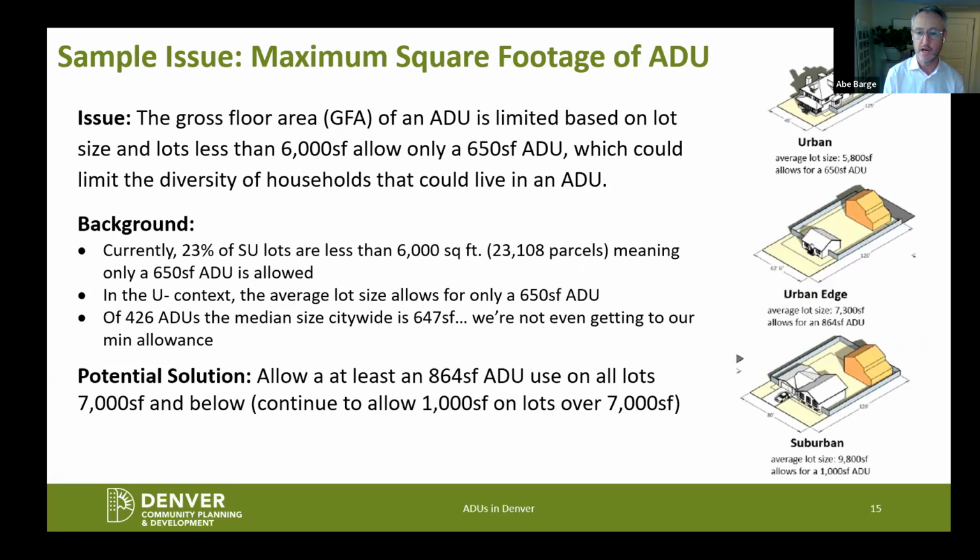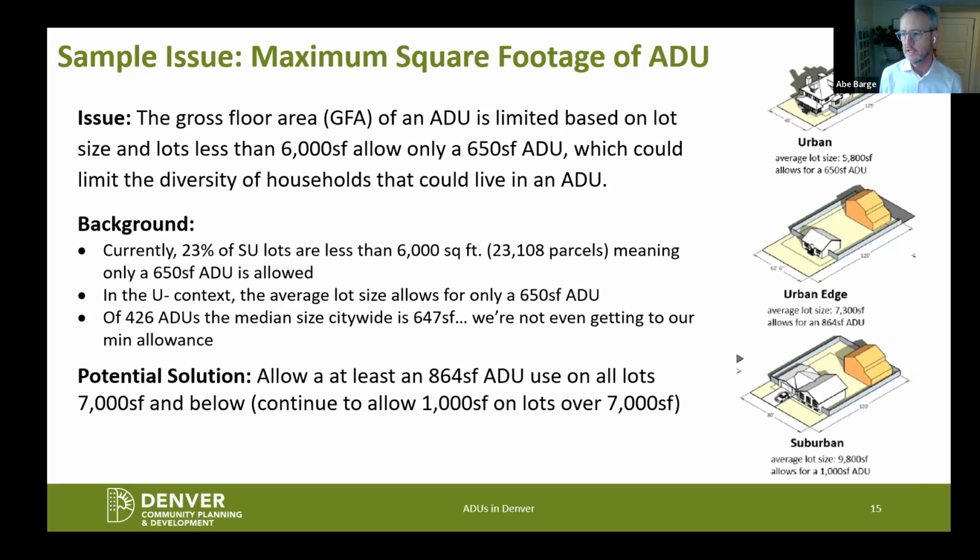So another one is the maximum square footage of an accessory dwelling unit, whether attached or detached. The code currently varies the maximum by the size of your lot. And on smaller lot sizes it says that the maximum is 650 square feet for an accessory dwelling unit.